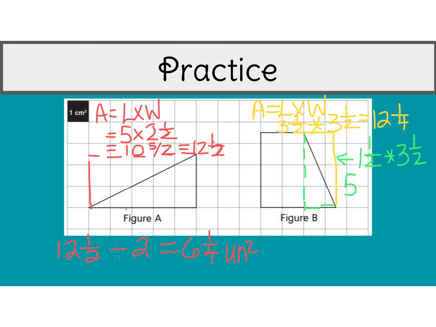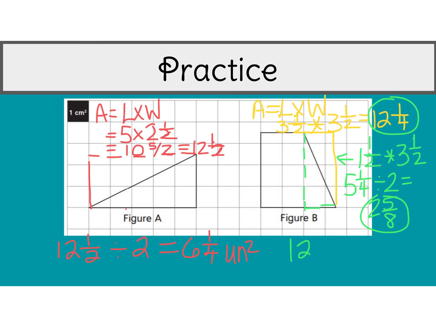And remember that 5 and 1/4, we're now going to divide by 2 because we're finding half of that rectangle, which would equal our triangle. So that equals 2 and 5/8. Now we're going to take that 2 and 5/8 and subtract it from the 12 and 1/4 to get the area of our whole trapezoid.